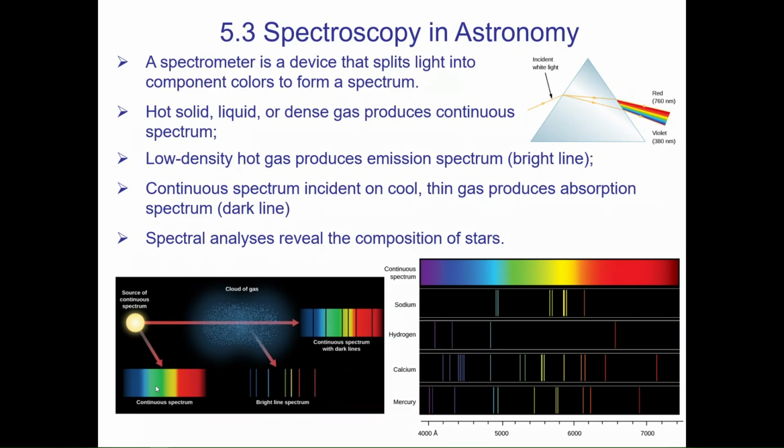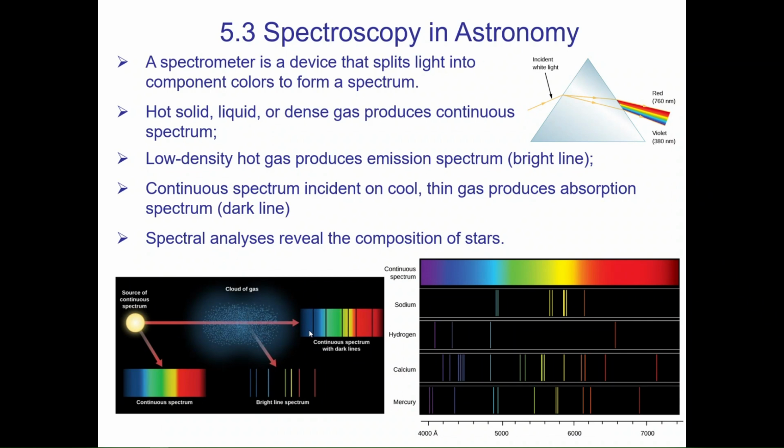However, if we take a close look at the sun's spectrum, probably not with the naked eye, but with a very sophisticated spectrometer, we're able to see that the background is a continuous spectrum, but on top of it are a lot of dark lines.